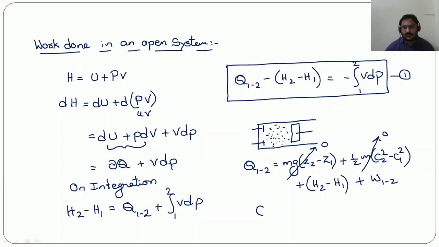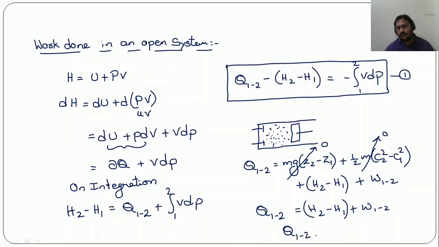So this equation can be written as Q1 to 2 is equal to H2 minus H1 plus work done. And from this you can write Q1 to 2 minus of H2 minus H1 is equal to work done.